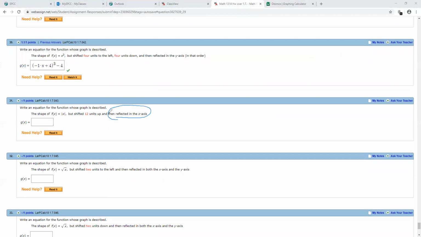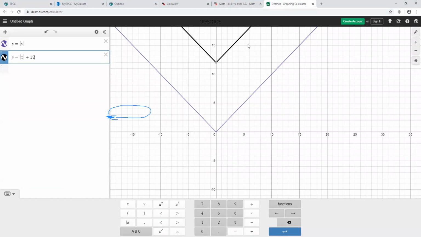And then, so this gets a little bit tricky here, okay? So normally, what would have happened if we did this first? Okay, let me, we take the original absolute value graph.